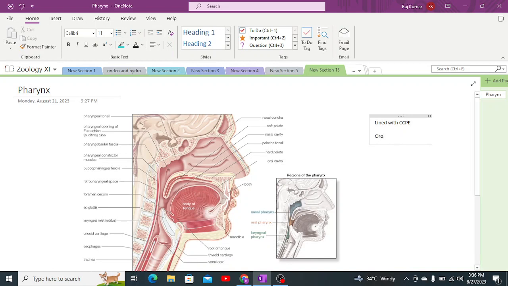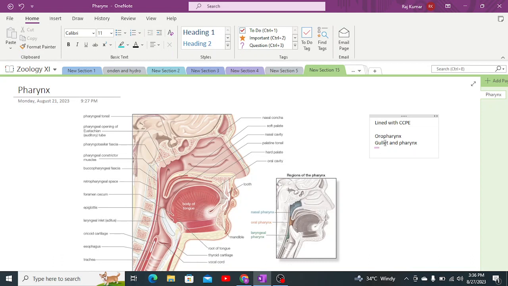Oropharynx is a part, as the name suggests, oro means the oral cavity. So oropharynx is a part where the food enters from the oral cavity into the pharynx. We can also say this is the part which starts from the gullet and opens into the pharynx.